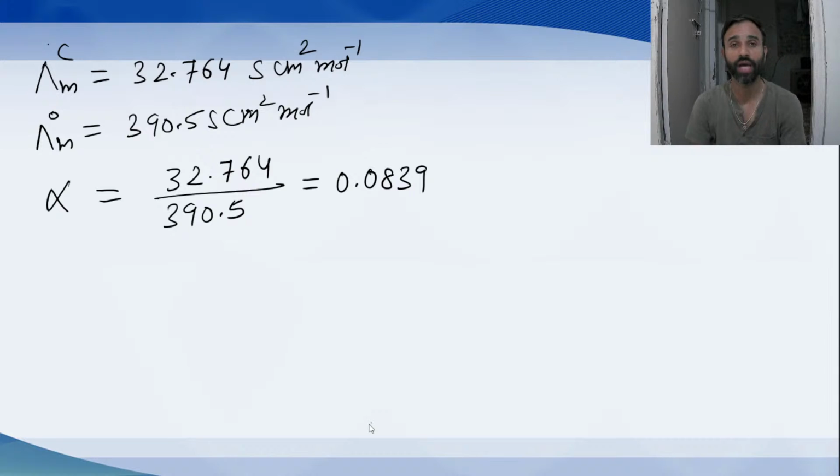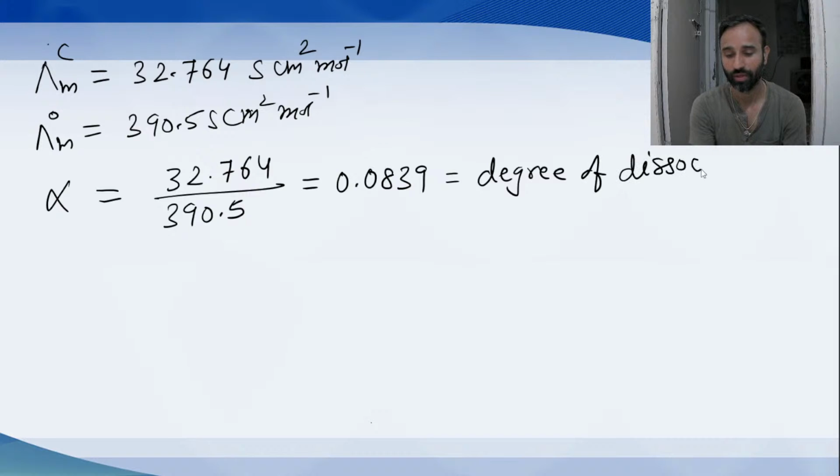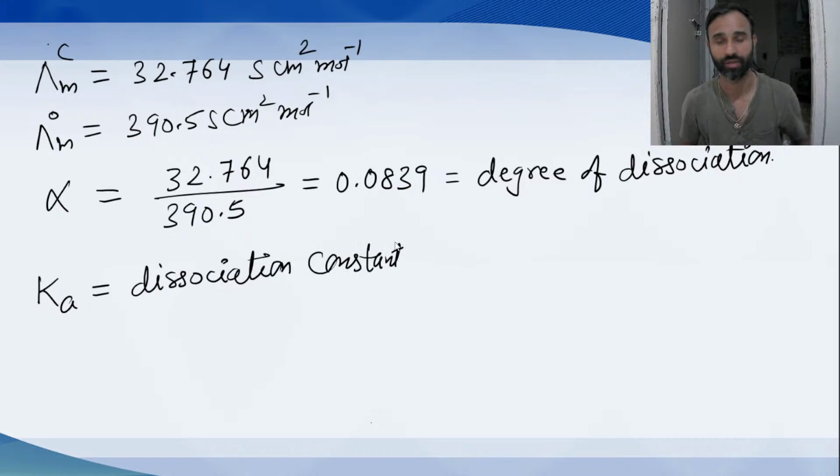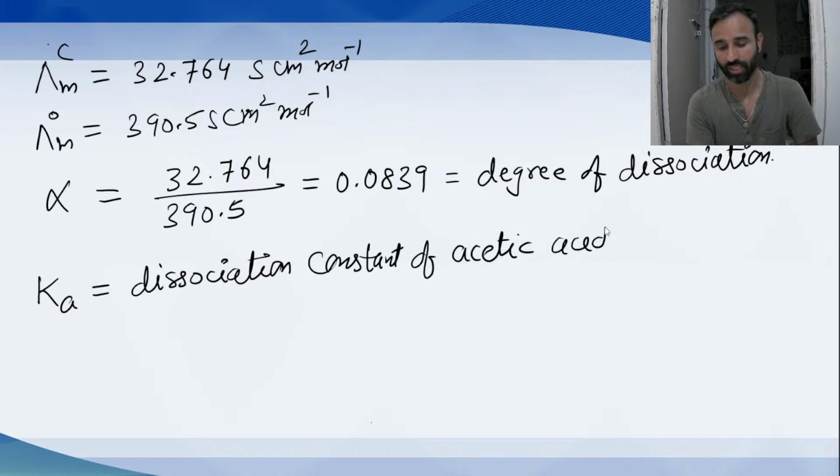Now, as we have alpha, tell me what is alpha? Alpha is actually the degree of dissociation. Okay. So now Ka, the dissociation constant of acetic acid, is C alpha square over 1 minus alpha.